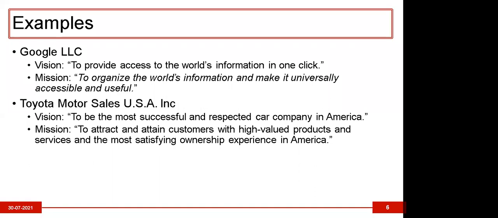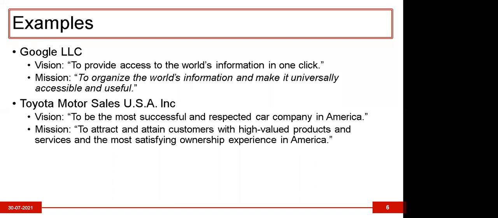And they want to make the ownership more satisfying, so that people gain the best experience in America. So this is the mission. This makes every person think, why don't I have a Toyota? Why don't you buy a car from Toyota? This makes people think. This is the kind of statement that we write.